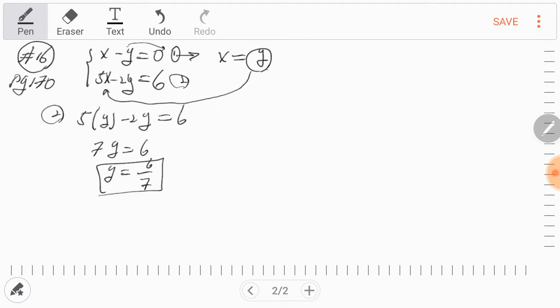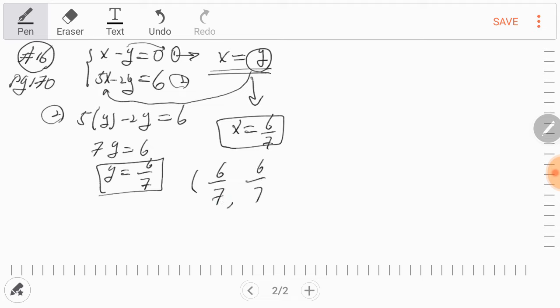Then let's find the x value. From the first equation, we already know that x equals y. So same y value. That's the x value. So the solution is x is 6 over 7, and the y value is the same.